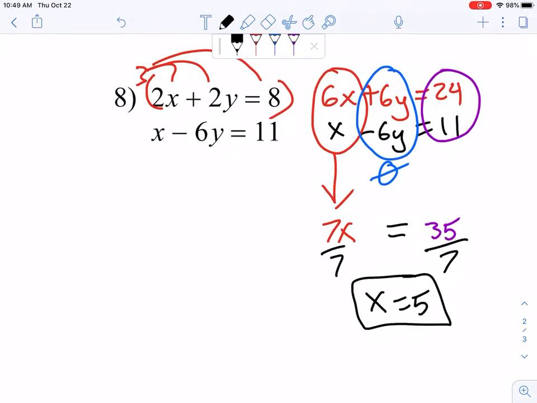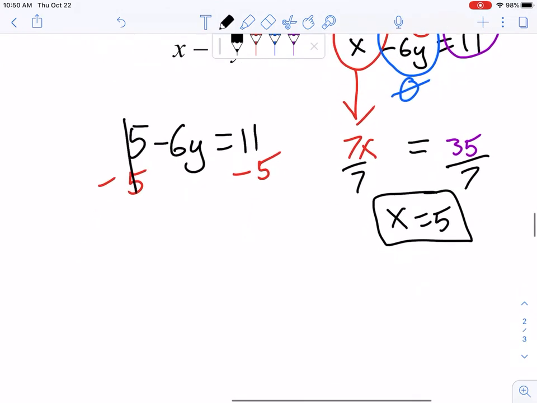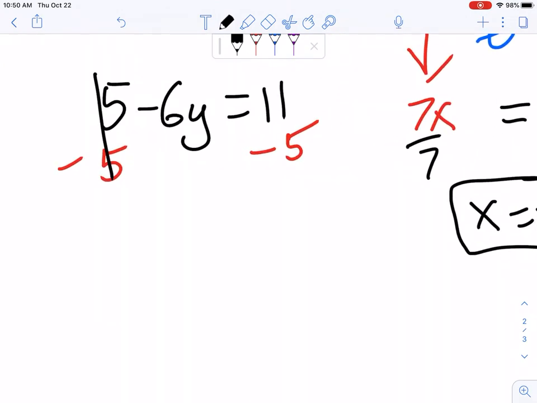Now that we know what x is, we can plug it into any equation and figure out what y is. I'm going to plug it into my bottom equation. So instead of x, I'm going to replace that with 5 minus 6y equals 11. There's nothing to multiply, so I'm just going to start solving my two-step equation. My first step is to get rid of my term that adds or subtracts in relation to y, which would be this 5.